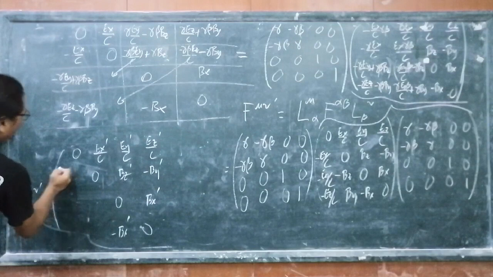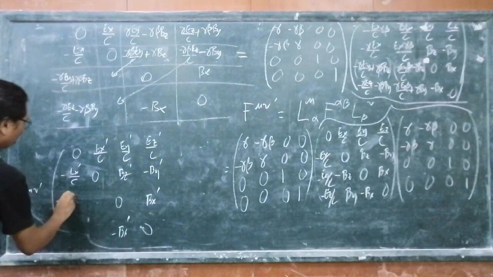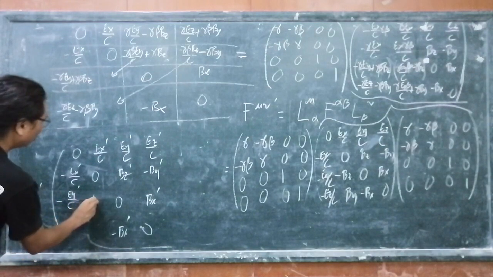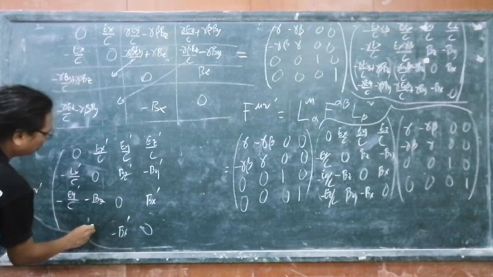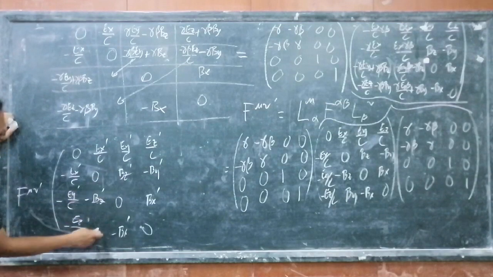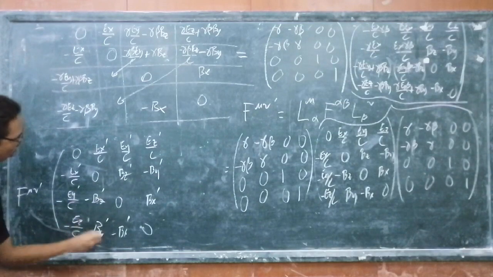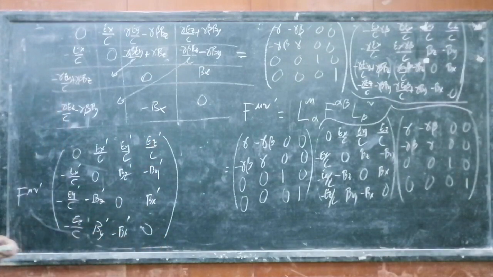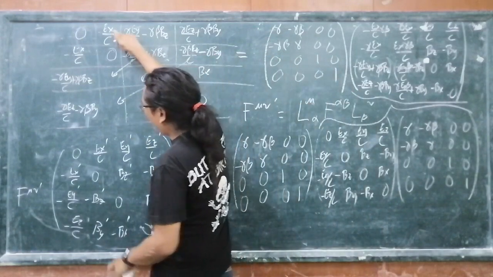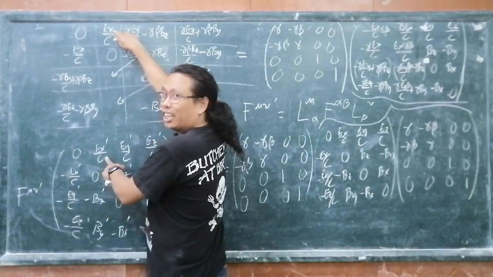This is minus EX prime over C. This is minus EY prime over C. This is BZ, prime. And then this is minus EZ over C. And then this is BY prime, 0. Okay, so comparing these two equations together, EX must be equal.